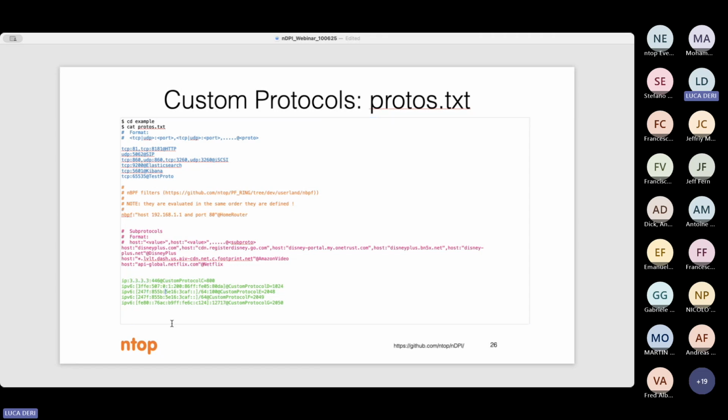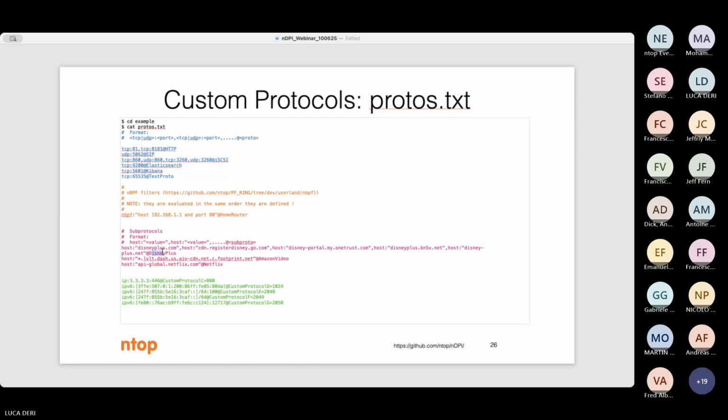If you see this IP, it means this custom protocol. Or you can say, if it matches this particular BPF-like expression, host this and port whatever, then this protocol. Or you can specify other types of rules based on the host name. For instance, this is a rule for Disney Plus. You specify if the host name ends with this or ends with this, then this is Disney Plus.